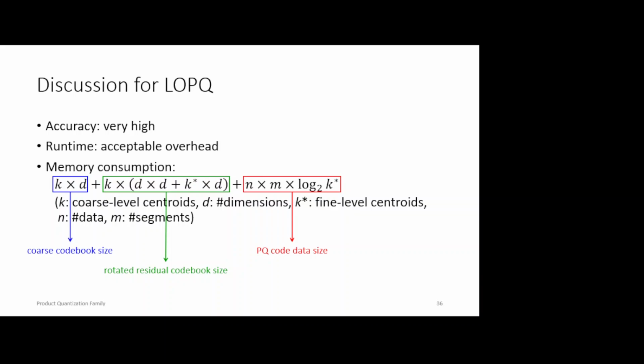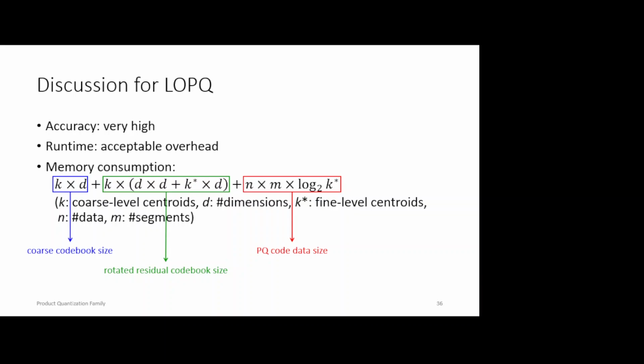And the last part is the PQ code. It's the data size. It means all the data has been encoded into its PQ code. So you have n data, the number of your raw data, and m is the number of your segments, because you apply PQ here. And K star is the number of centroids. With log K star, you can get how many bits you will use to store each raw data.